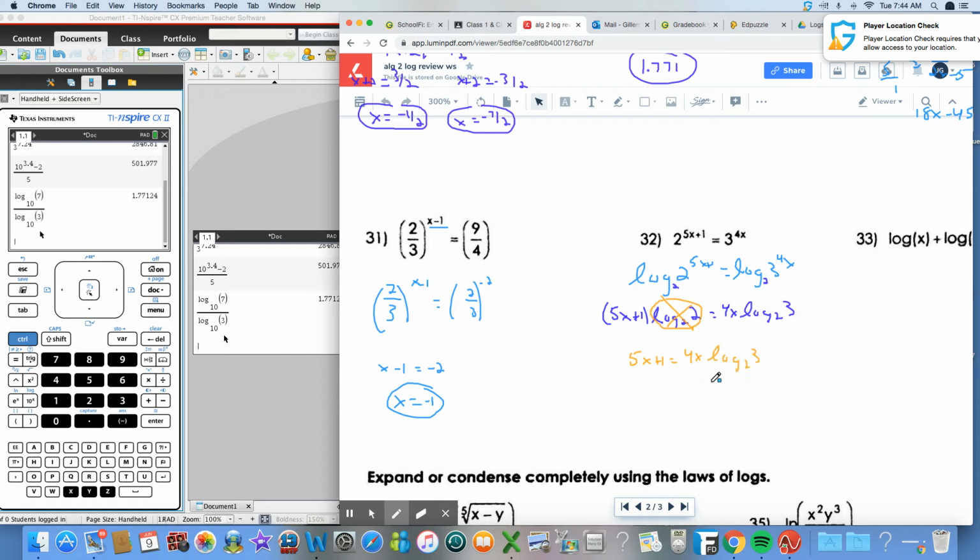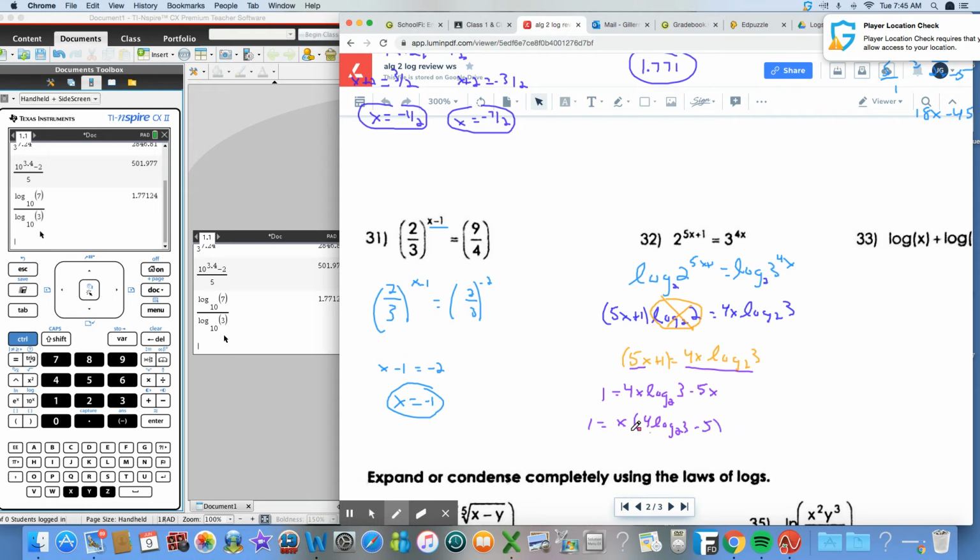Now I just need to try to solve for x. Now remember, this is all one thing. When you have two terms that have an x in them, we want to get all of them to one side. So let's subtract the 5x over. So 1 equals 4x log base 2 of 3 minus 5x. And how can we get it down to 1x? Always just factor it out. So 1 equals x times the quantity 4 log base 2 of 3 minus 5.